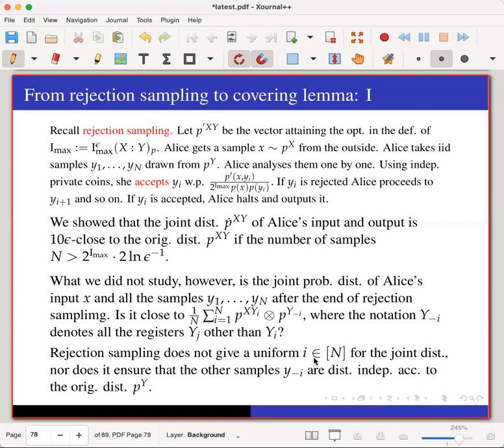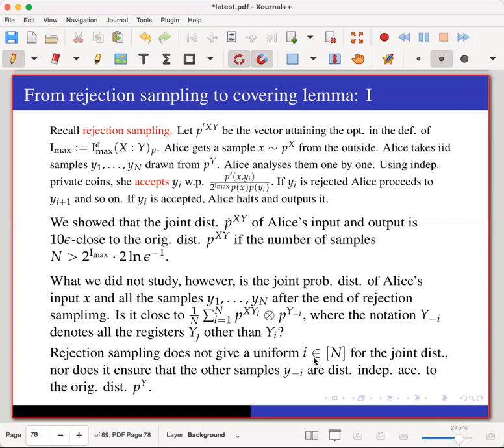And what this guarantees you is that the joint distribution on x and that yi is close to pxyi. So that completely gets rid of all this rejection sampling procedure and gives you a very simple algorithm to do the protocol. That's why this is super useful. Yeah. So very good. That's one very good answer. Did you get that, Ishan?